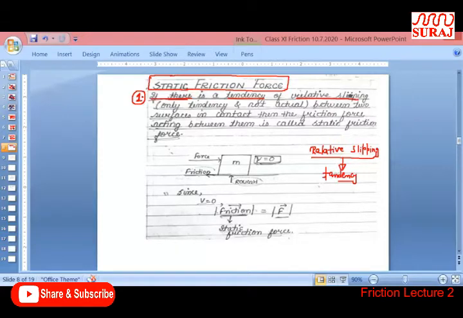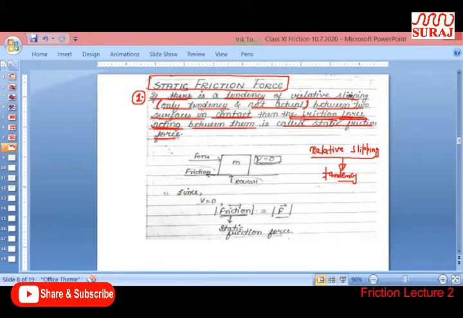It means if there is a tendency of a relative slipping, in bracket you can see only tendency and not actually, between two surfaces in contact, then the friction force acting between them is called static friction force, which we have explained.